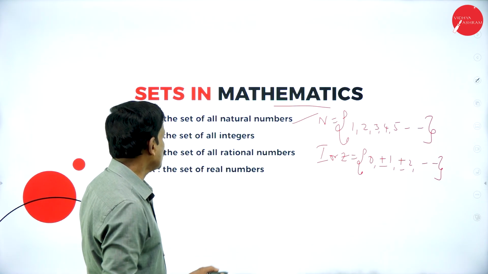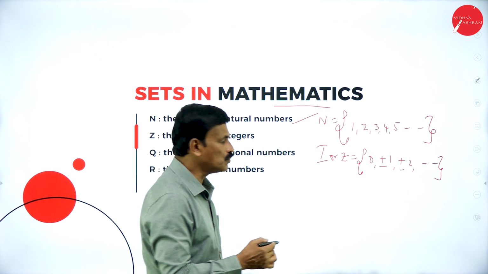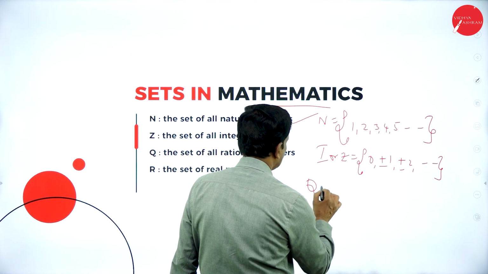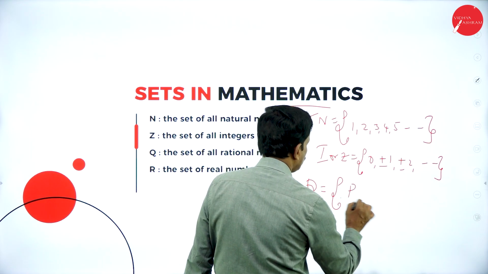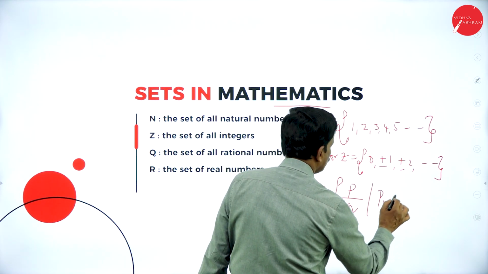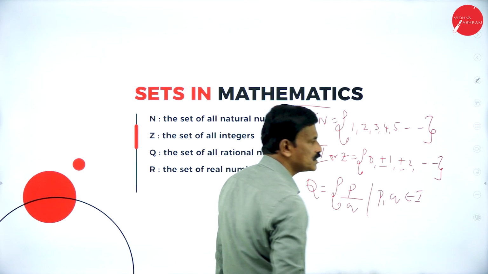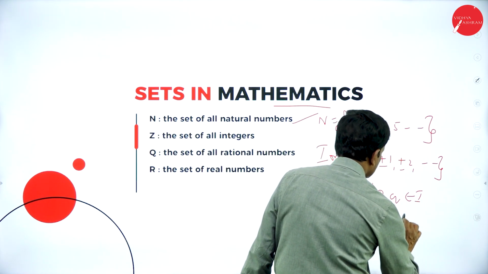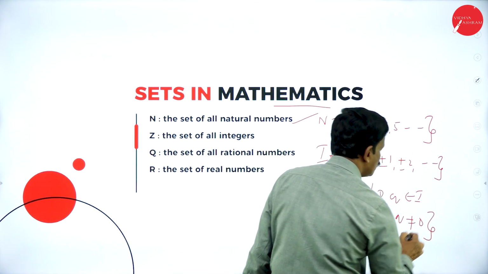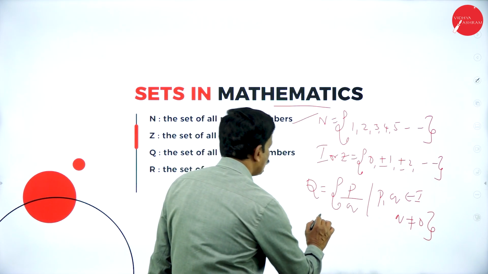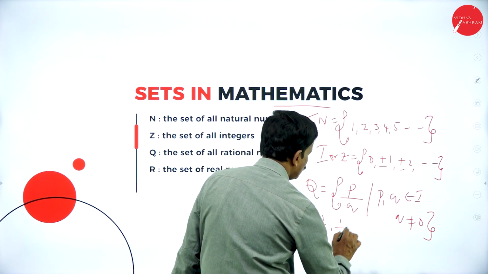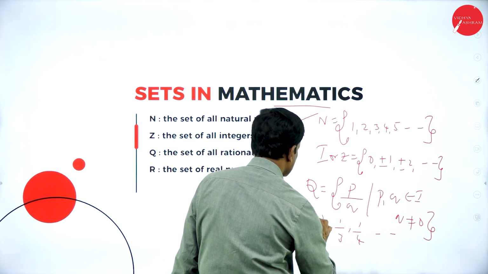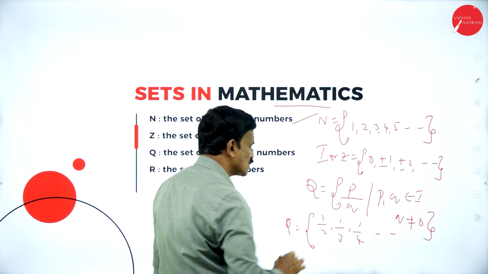Now, the set of rational numbers is denoted as Q, the numbers of the form p by q, such that p and q belong to integers, positive or negative, whereas the denominator q is not equal to 0. For example, 1 by 2, 1 by 3, 1 by 4, etc. These all come under the set of rational numbers.